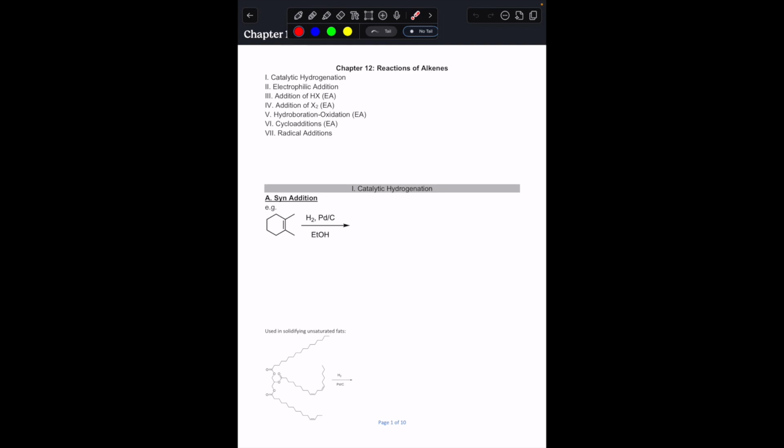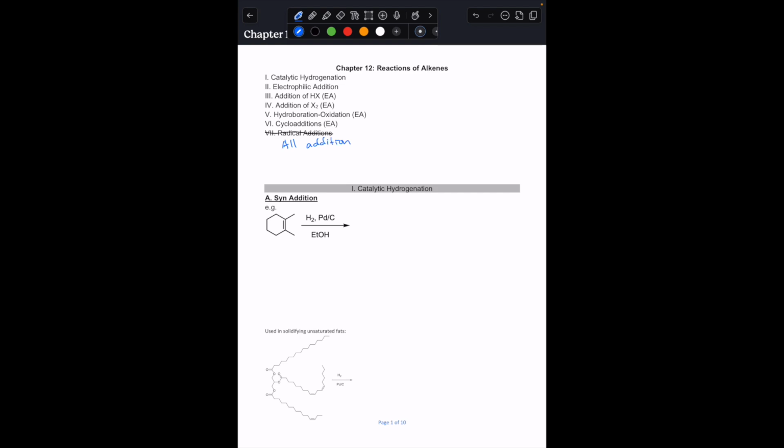Now, especially in this chapter, you should be able to see the recurring themes. Which, by the way, we're not covering this in this semester. Sorry about that, I meant to take that out. The recurring theme is that they're going to be all addition reactions.